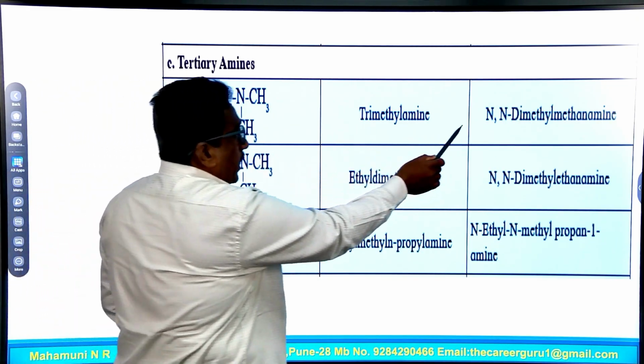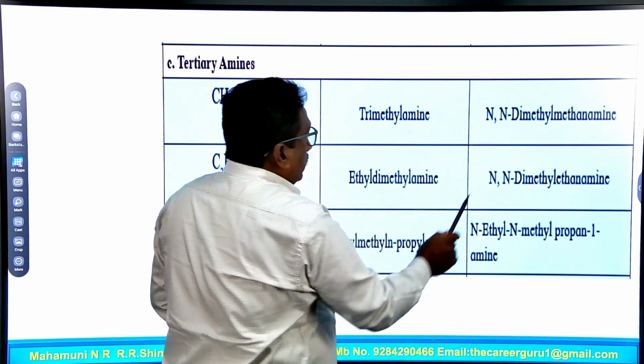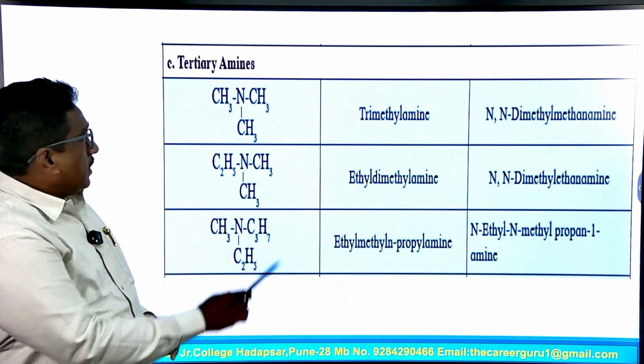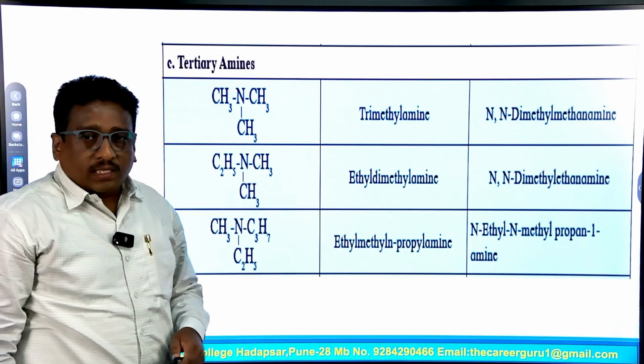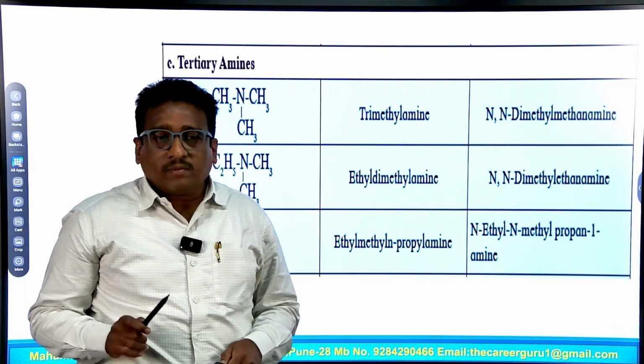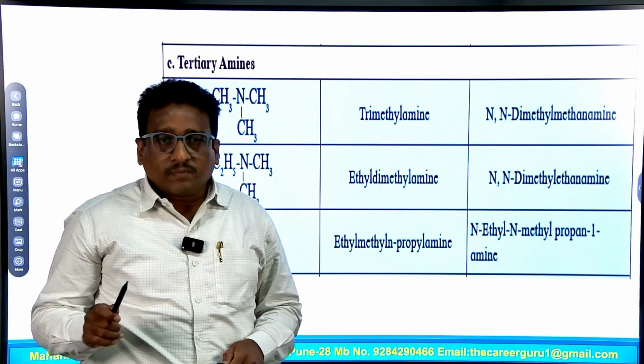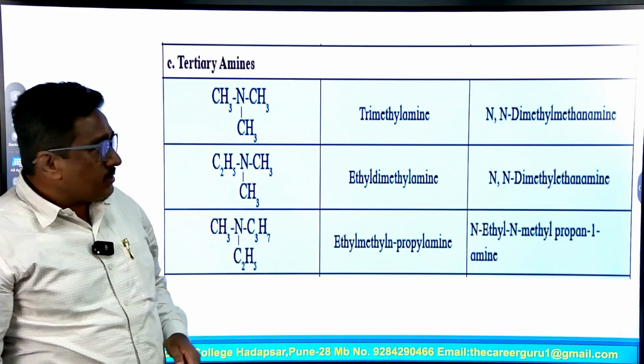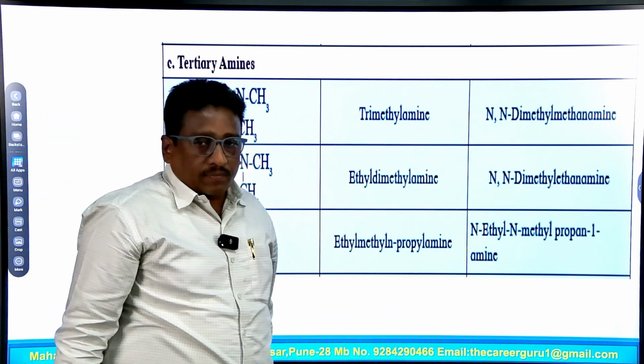So, they are called N,N-dimethyl, and the remaining carbon atom is considered as the parent alkane having 1 carbon atom. The corresponding alkane is methane, and the E suffix of methane is replaced by amine, so it is called N,N-dimethyl methanamine.